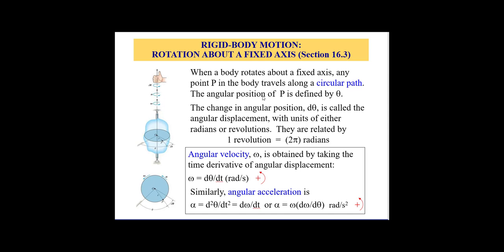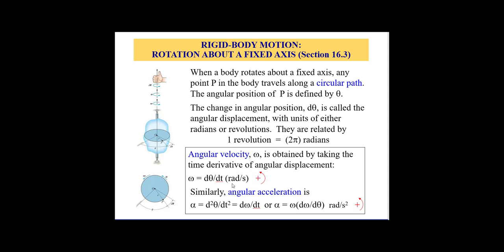Therefore, the angular velocity, which is the derivative of theta with respect to time, is measured in radians per second, and it's counterclockwise positive.